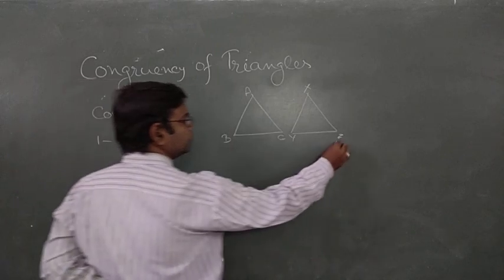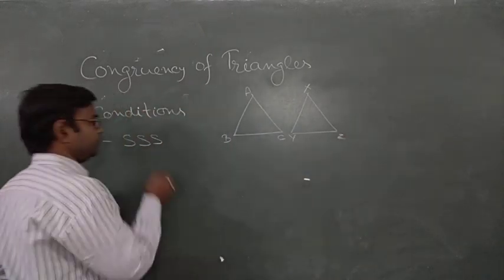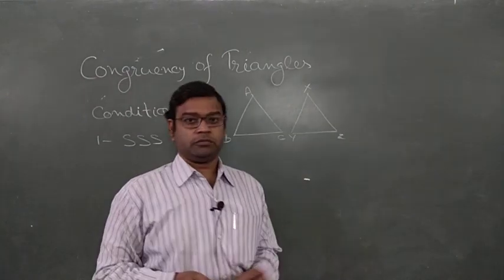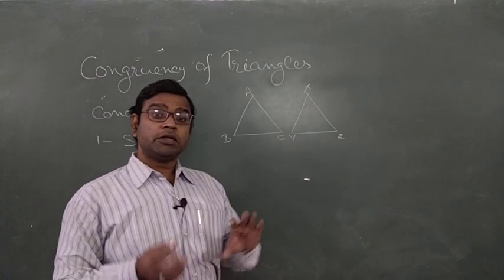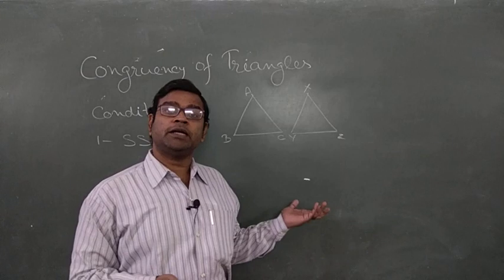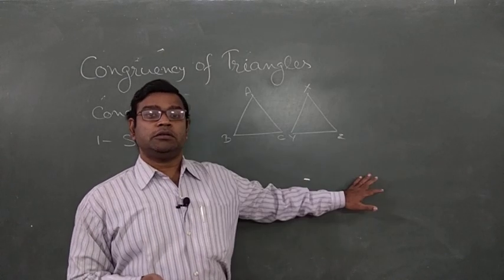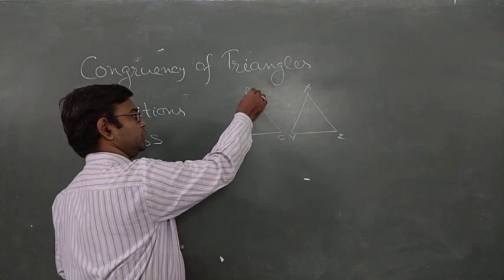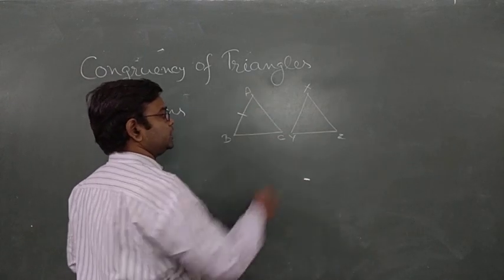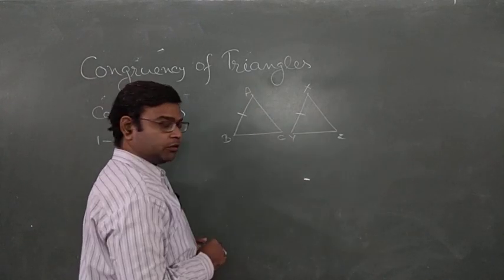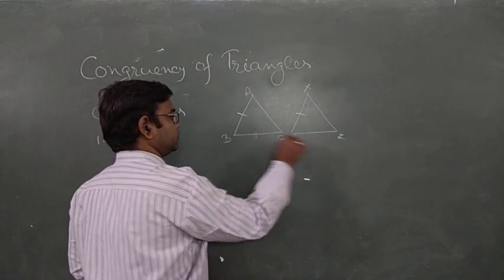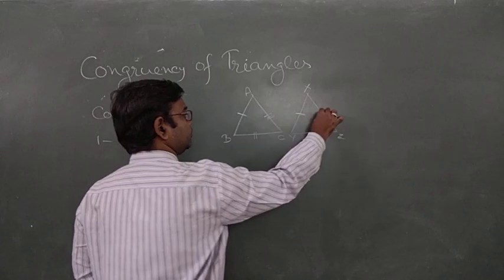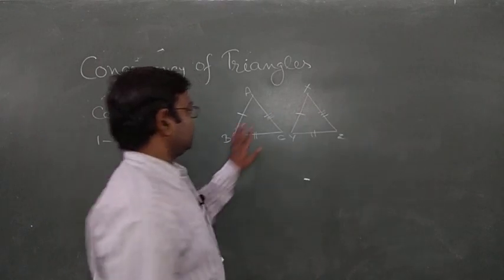So these two are the triangles we have, and if all the sides are equal to each other, or the better wording is all the corresponding parts of one triangle are equal to the corresponding parts of the other, meaning AB is equal to XY, side BC equals side YZ, and side AC equals this one, then what happens?